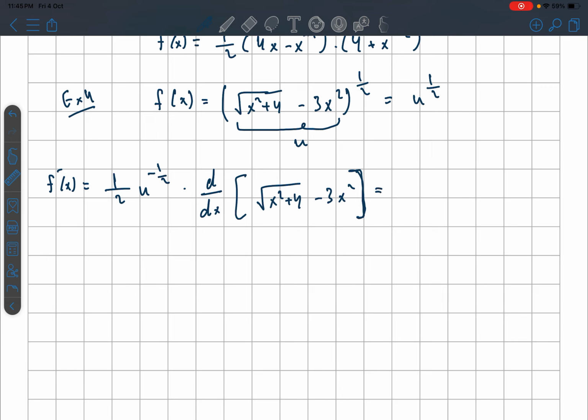So here we have to replace u by the function, so 1 over 2, and u we have it square root of x square plus 4 minus 3x power of 2.